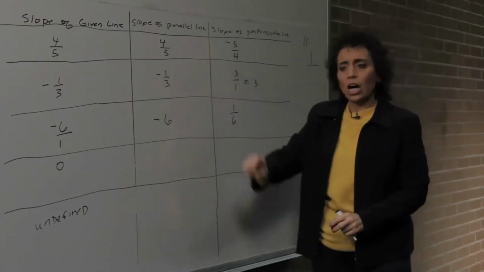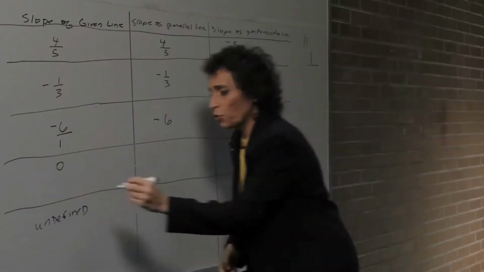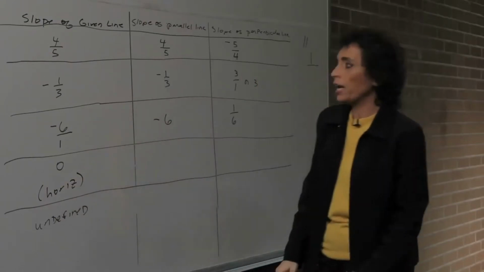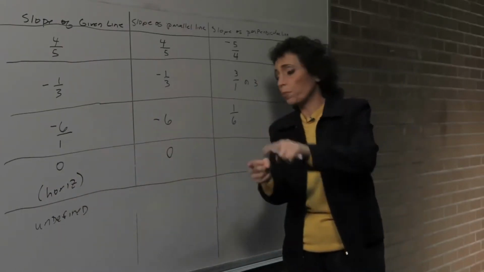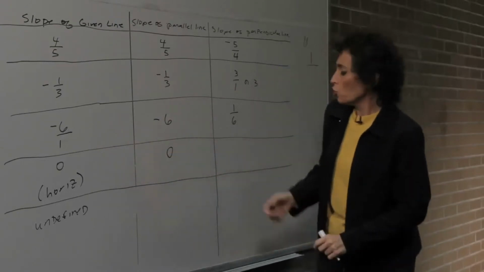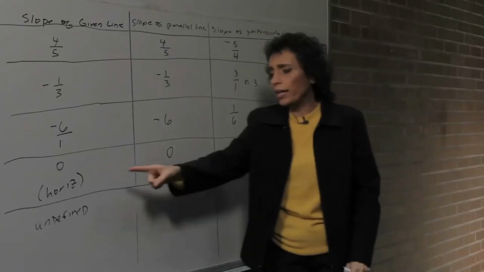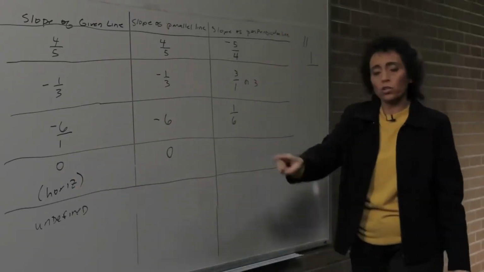Slope of a parallel line to a line whose slope is 0. And by the way, what kind of line is that? If your slope is 0, we know you're a horizontal line. The slope of the parallel line is another 0 because horizontal lines are parallel and they have the same slope. Slope of the perpendicular line. Well, there's two ways to do this. One way is to understand that horizontal lines are perpendicular to vertical lines.